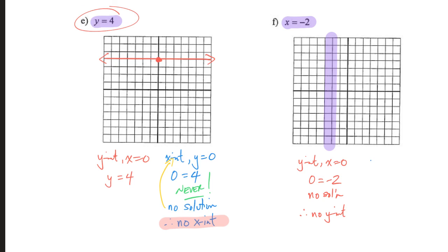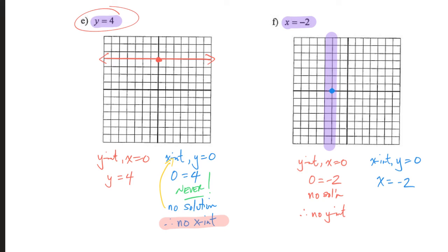Now what I need to find is my x-intercept. And I do that by making y equal to 0. Well, there is no place to sub in y, and so x equals -2. And so if I plot that point at x equals -2, now what I have to do is just put those pieces of information together.